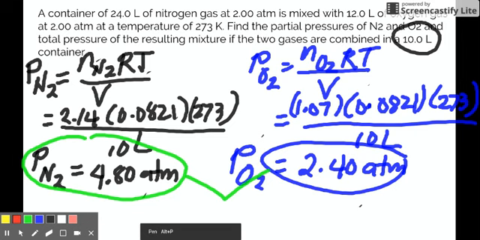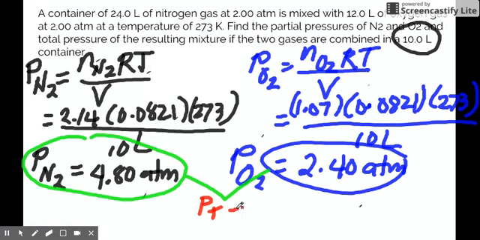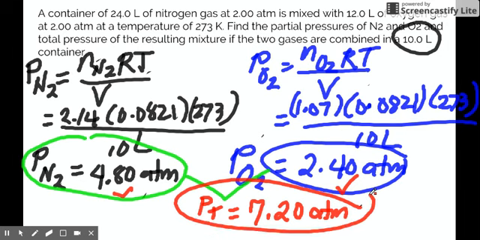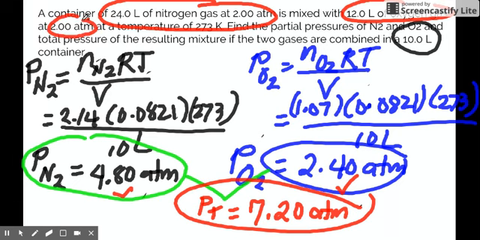Combining the two, we can already get the P total of the mixture, which is just adding the two pressures, 4.80 plus 2.40. Our total pressure is 7.20 atmosphere. So I hope that you're following the process and understanding that in this problem, once you're given the initial volume and pressure of each component prior to mixing, you have to separate them first and get their individual amounts, and that amount doesn't change when the two gases are mixed in a different container with a different volume.